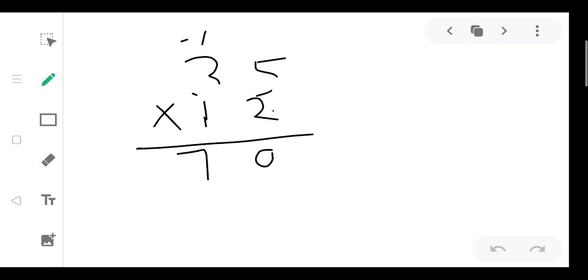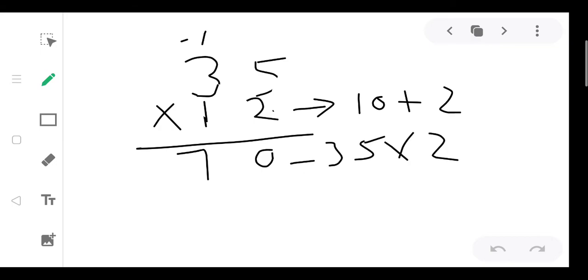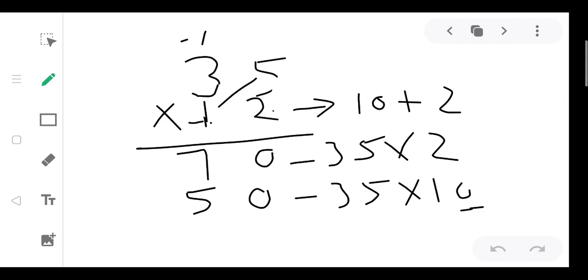Now 1's place multiplication is over. 12 means 10 plus 2, and we have multiplied 35 by 2 here. Now 35 we will multiply by 10.